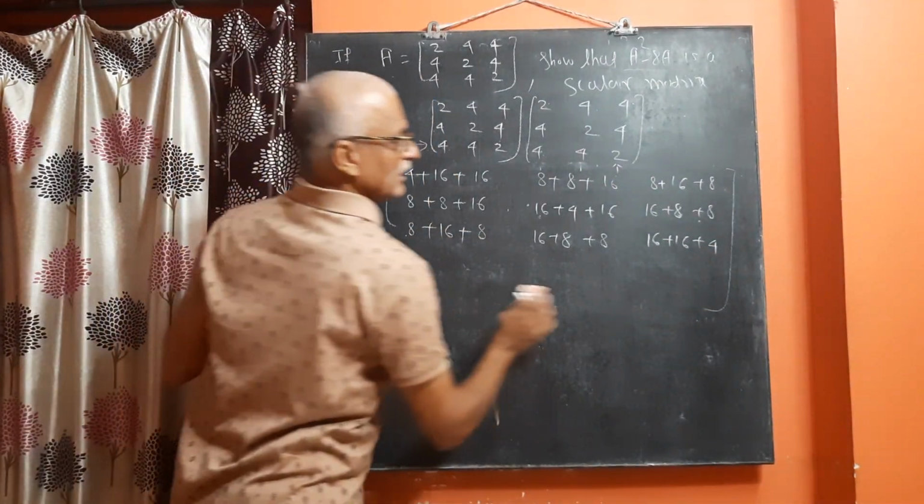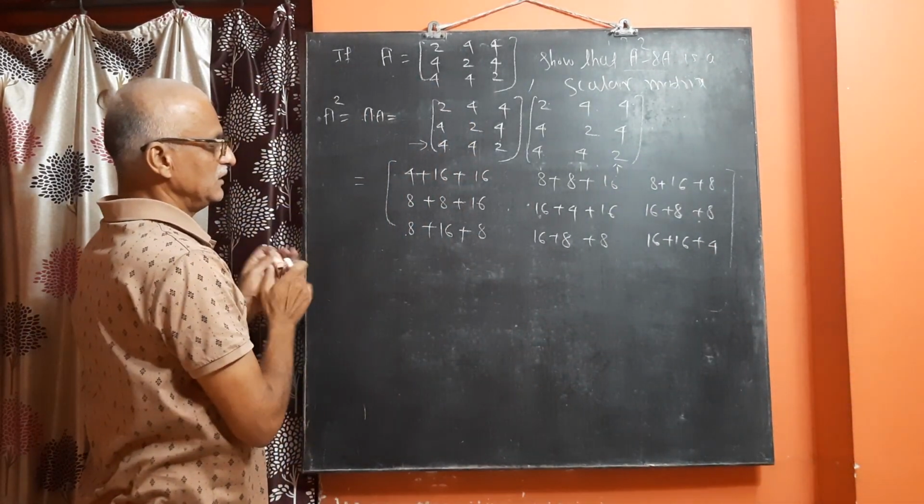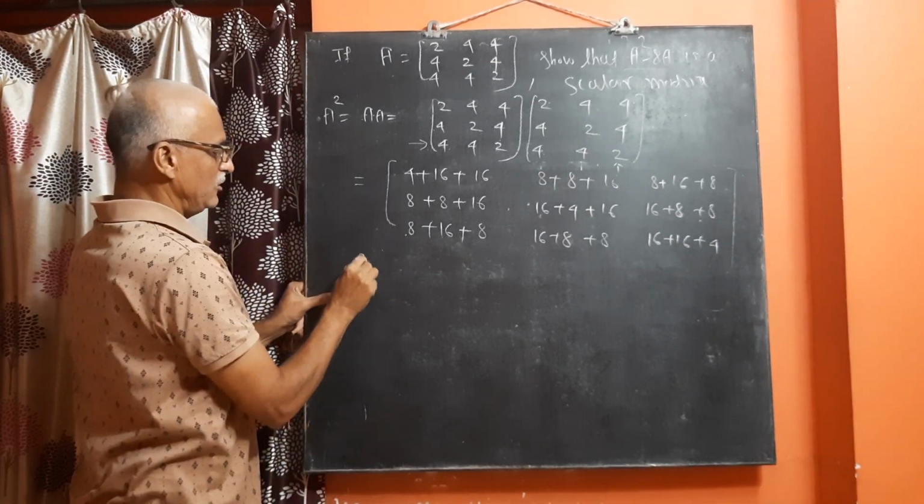So let us find the complete matrix, that is the value of A square.